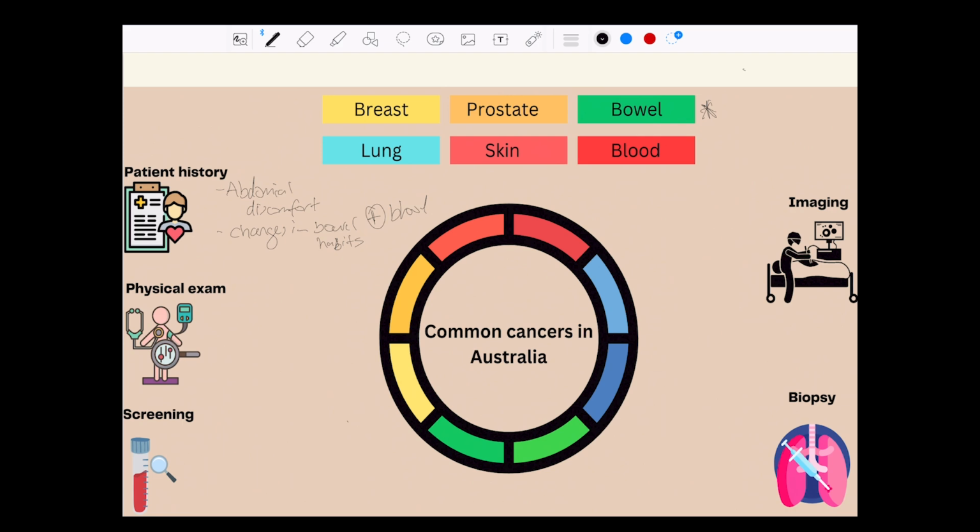Next, we go to physical examination. So physical examination is not really so much something that could be done in bowel cancer, but we can definitely go into screening. So this could be done through full blood count, and as I spoke about, an example would be anemia. So if the patient has anemia, specifically iron deficiency anemia, that could be suggestive of an ongoing bleed in the bowel, or bowel screening.